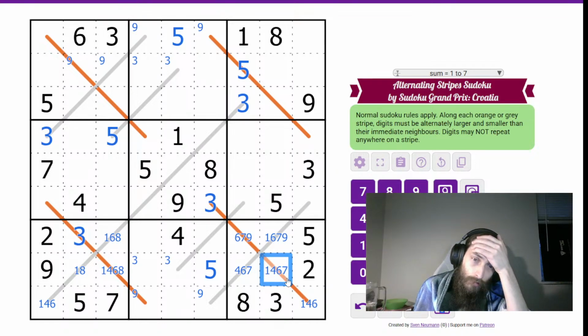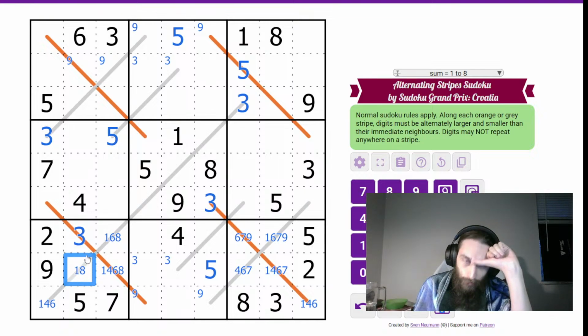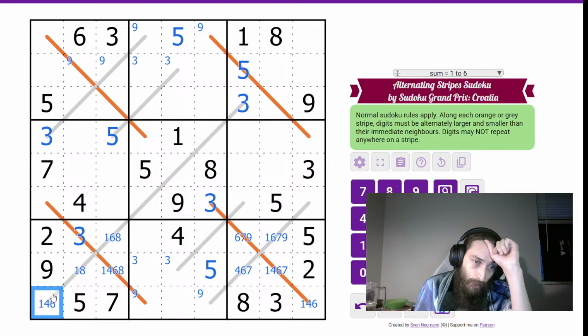Okay. Oh, never mind. So, if this was an 8, both digits would be smaller. And if this was a 1, both digits would be larger. So we know that this works. Right.